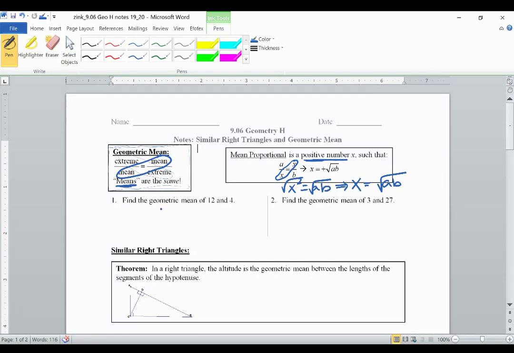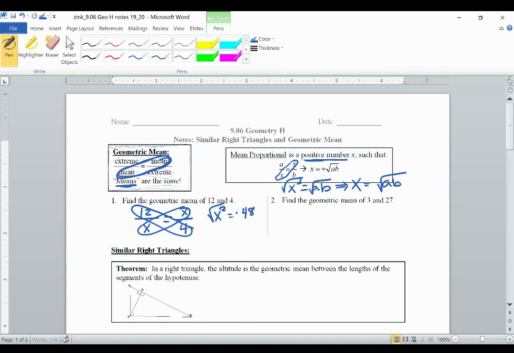For number one, find the geometric mean of 12 and 4. We'll call the number we're looking for x. So 12 over x equals x over 4. We set up a proportion, making our means the same along that diagonal, and cross multiply. 12 times 4 is 48, x times x is x squared.